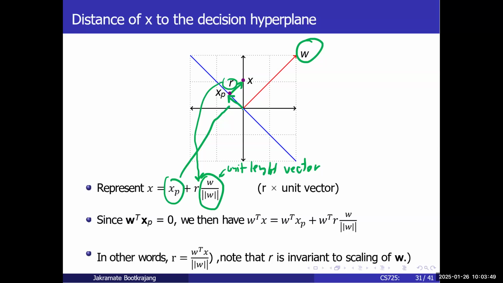So this X is basically a sum of two vectors, right? XP and then R times W divided by the norm of W. So we have this equation.